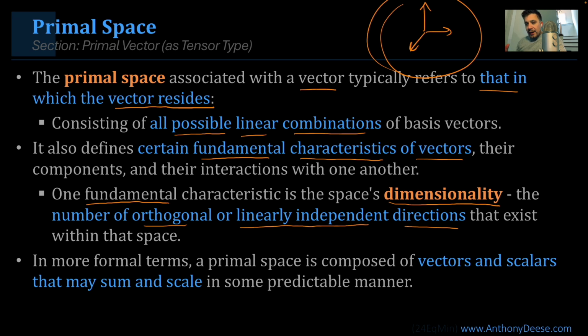I can move right, left without changing my position in the other 2 orthogonal directions, vice versa. And if you look at a piece of paper, right, you really only have 2 orthogonal directions, up and down versus right and left. In more formal terms, a primal space is composed of vectors and scalars that may sum and scale in some predictable manner.